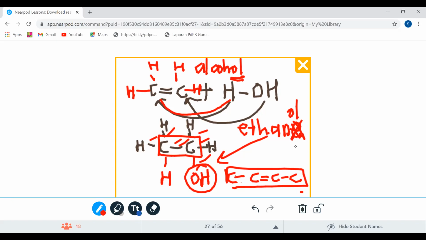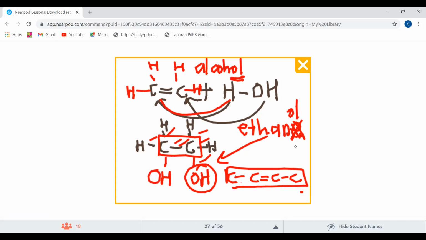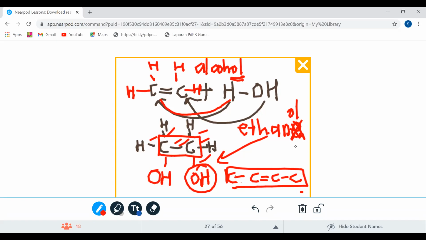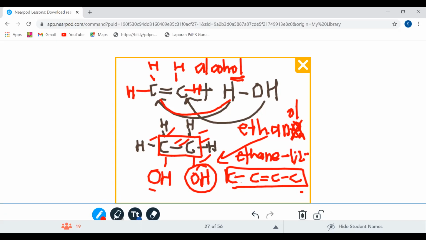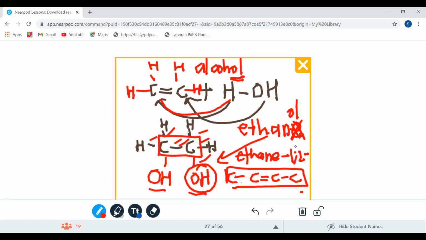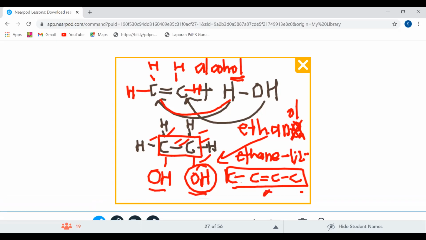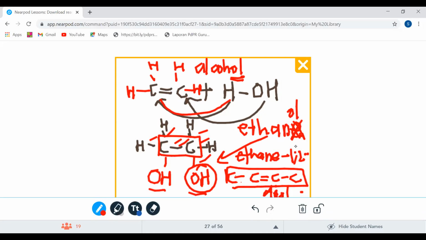Okay, if I got 2 OH, I'm going to teach you shortly later. I still maintain the ethane. Then where is my OH? Carbon 1 and carbon 2, correct? And then I must end with the OL, isn't it? But I've got 2 OLs. So I put there diol. I'm going to teach you shortly.